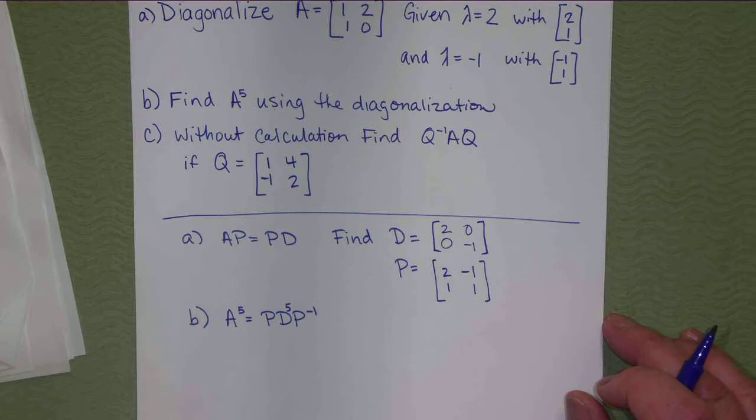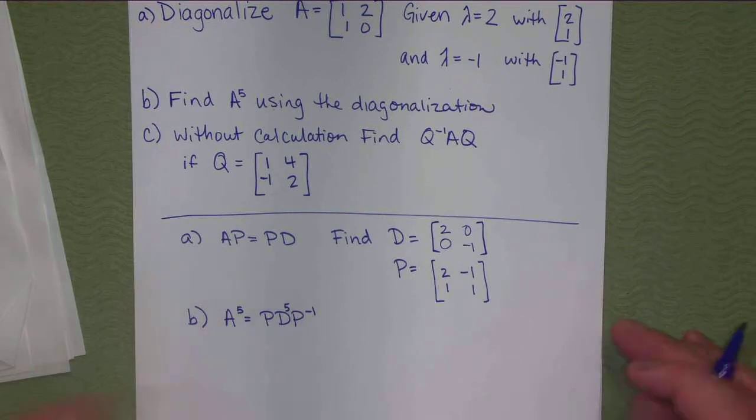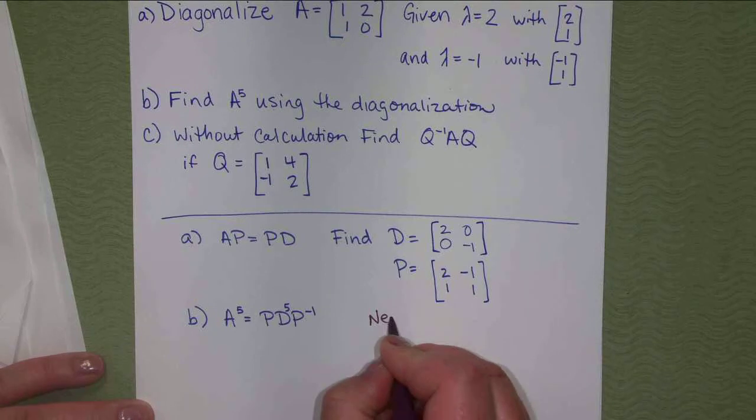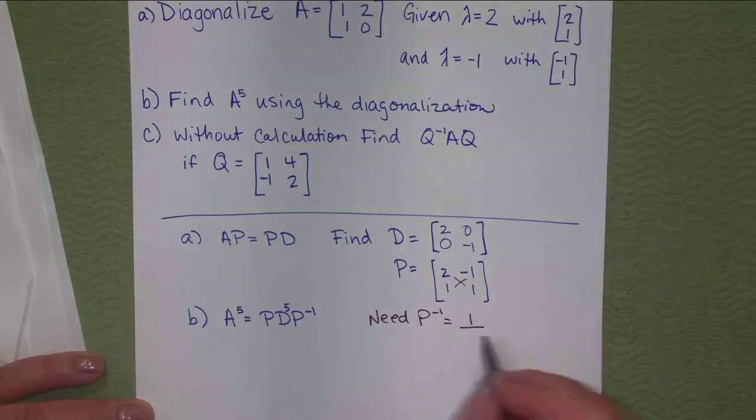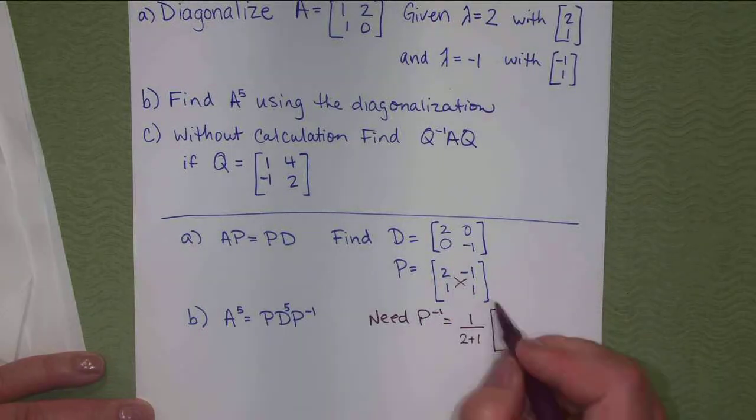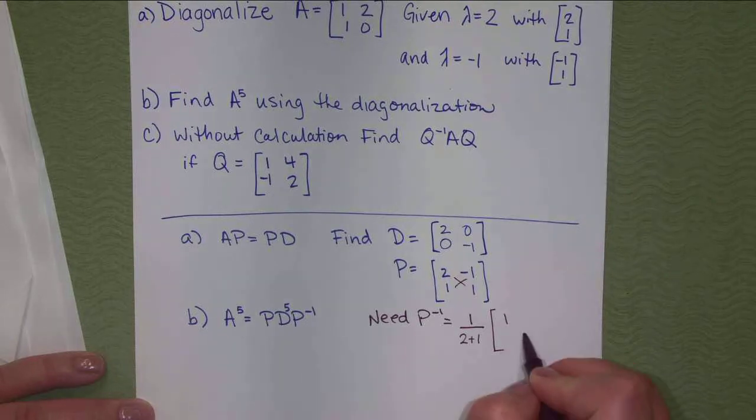Yeah, and also we need to find the inverse of P. So P inverse is 1 over 2 minus a -1. Switch the main diagonal and change the sign of the other.